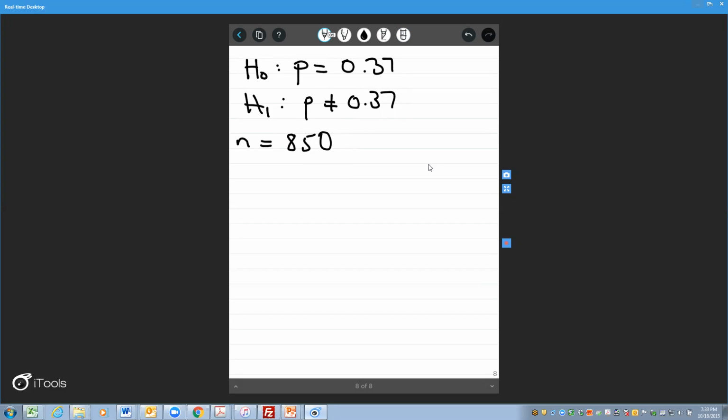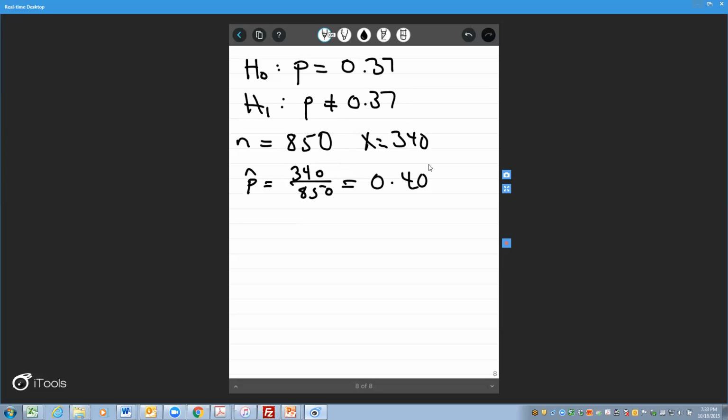And that x equals 340 had our characteristics. So in other words, p hat was 340 over 850, which is 0.40.